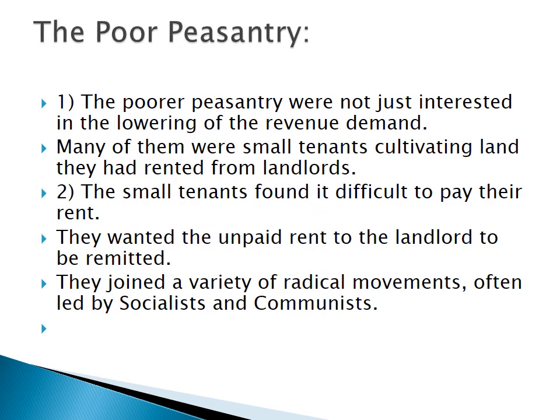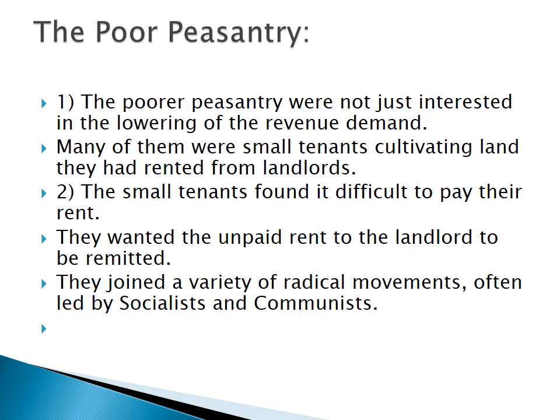The next group was the poor peasants. The poor peasants were not just interested in the lowering of a revenue demand. Many of them were small tenants cultivating land they had rented from landlords. The small tenants found it difficult to pay their rent. They wanted the unpaid rent to the landlord to be remitted.